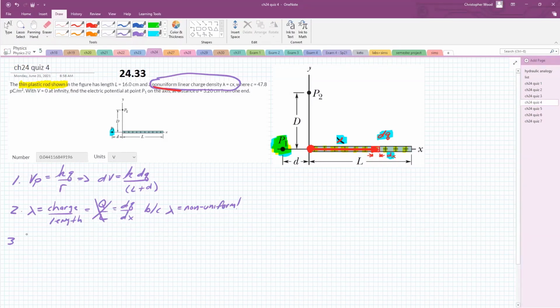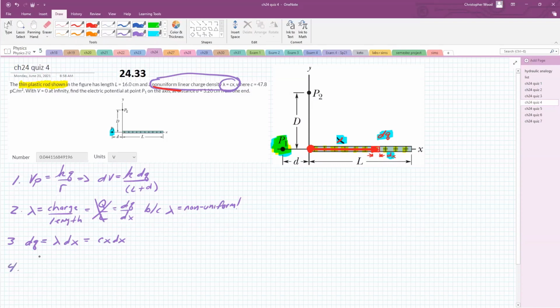So I'm just going to write dq equals lambda times dx, and lambda is given as cx. So that's my expression for dq.